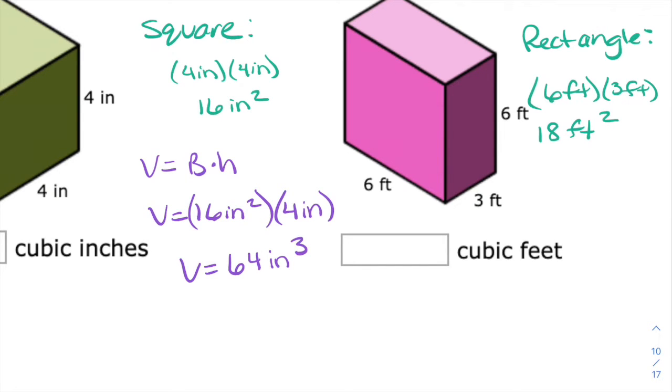If it was this square, that square would be repeated for 3. So if it was 6 by 6, it would be repeated by 3. If this was the base, it would be 6 by 3, and it would be repeated for a length of 6. And if this one was the base, it would be 6 by 3, repeated by 6. So it doesn't matter. I'm still going to multiply all 3 of those together.